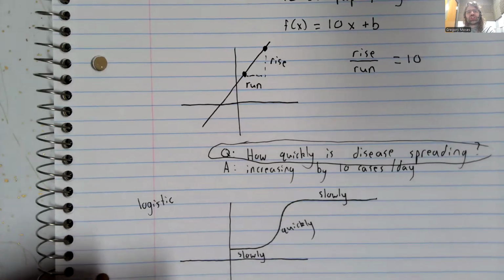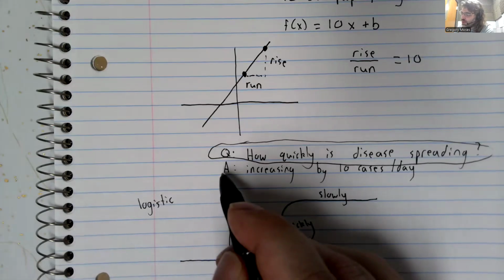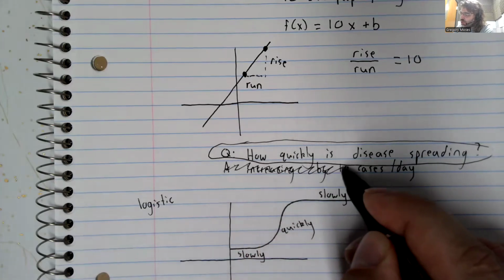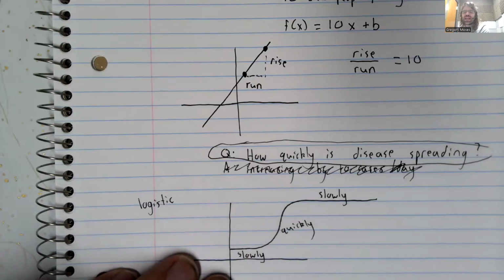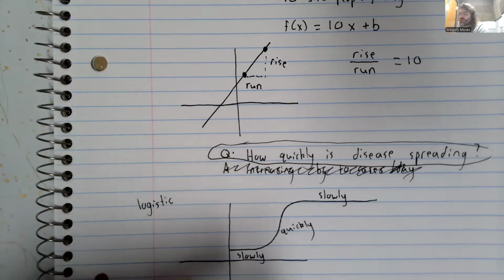So this question is still interesting. We still want to ask the question, how quickly is the disease spreading? But now there's no single number that serves as an answer to the question.